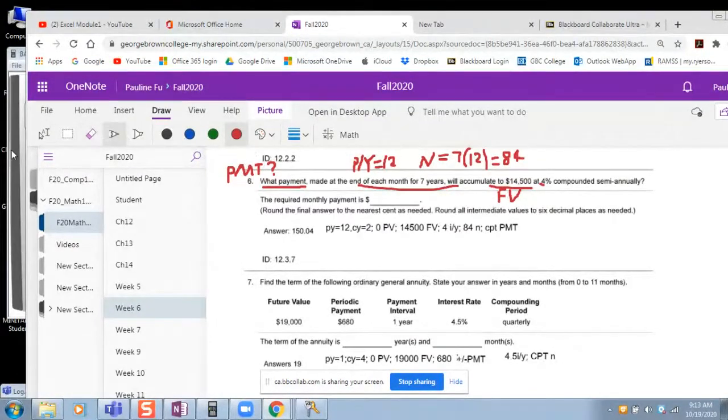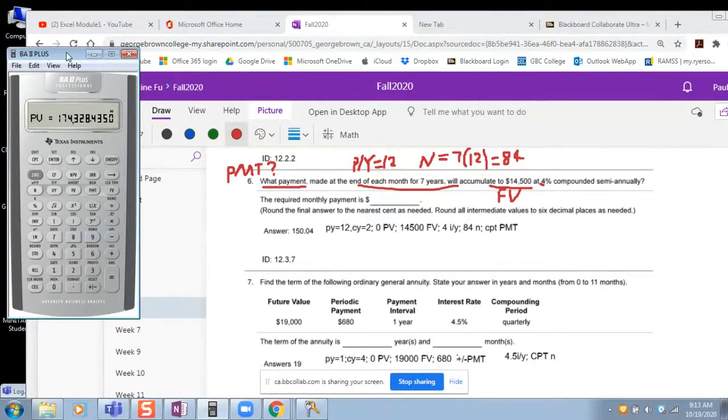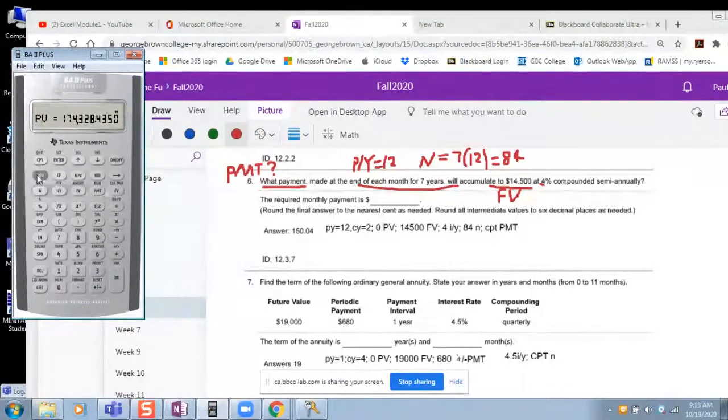So calculator. Second P/Y. PY is 12, that's fine.